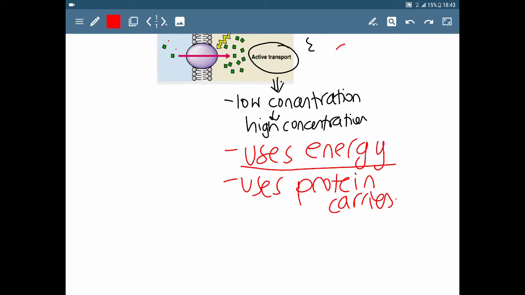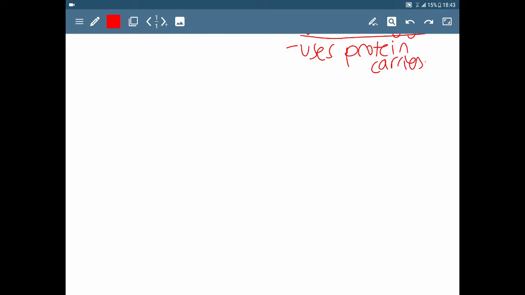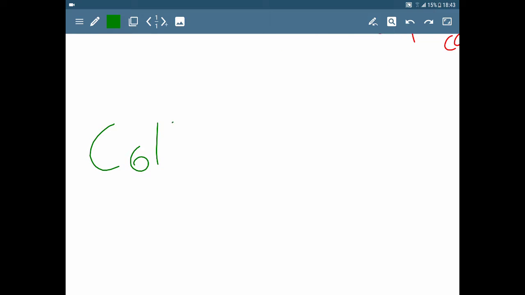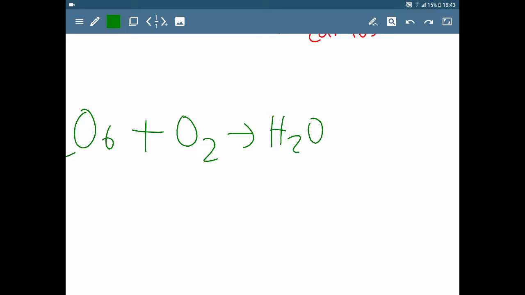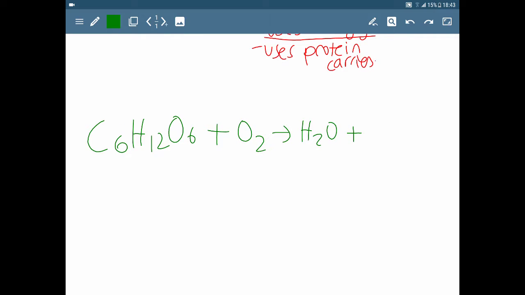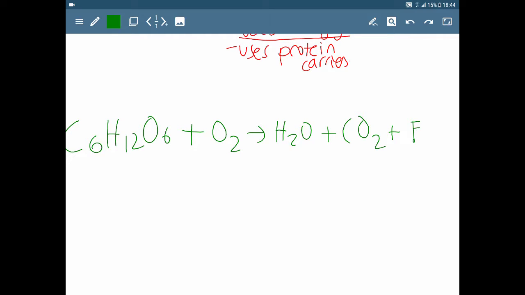Okay, what happens is that glucose, C6H12O6, plus oxygen gives H2O plus CO2 plus energy.